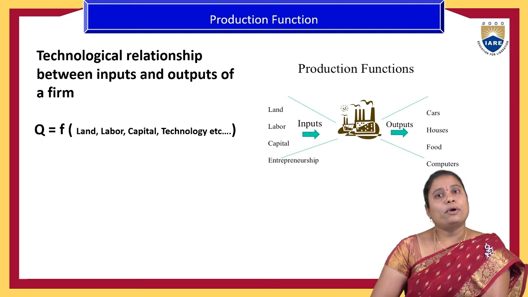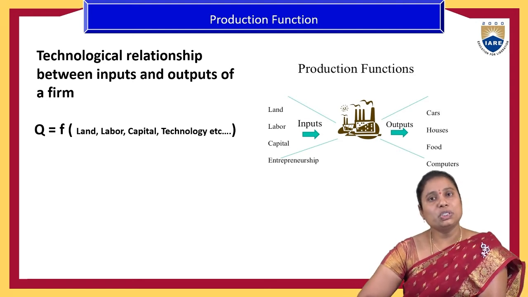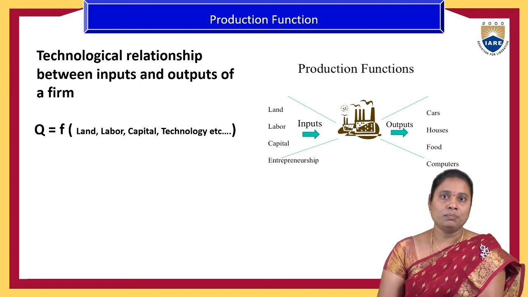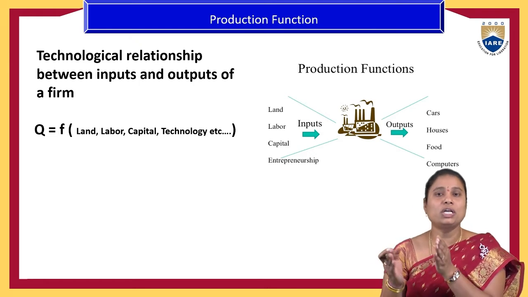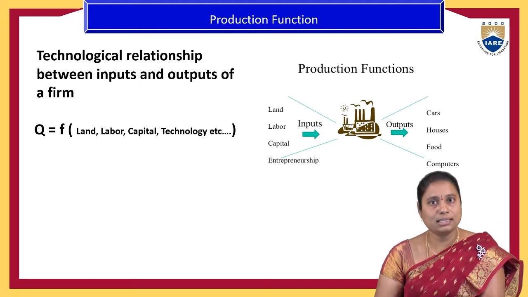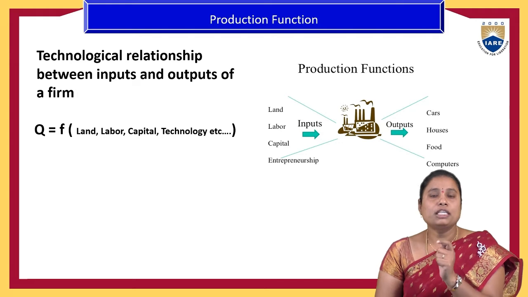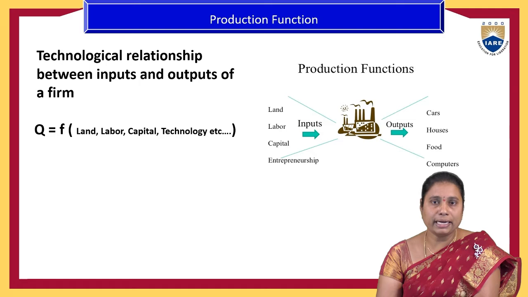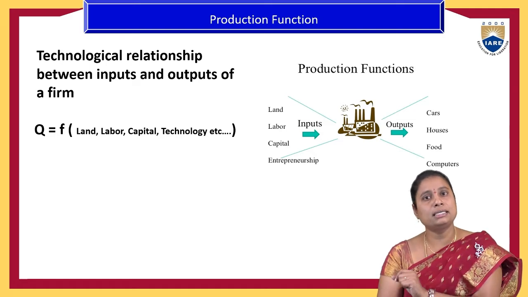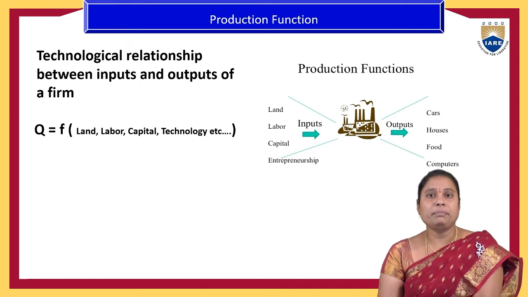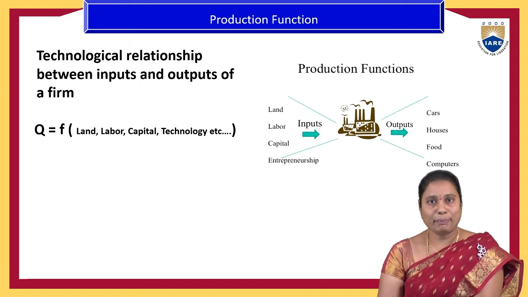Whatever productional activity is going on will be based on certain elements. The relationship between the productional elements and the productional quantity output is called the production function. Especially when the marketer has identified and estimated the demand using demand forecasting techniques, the next step is to produce the product.